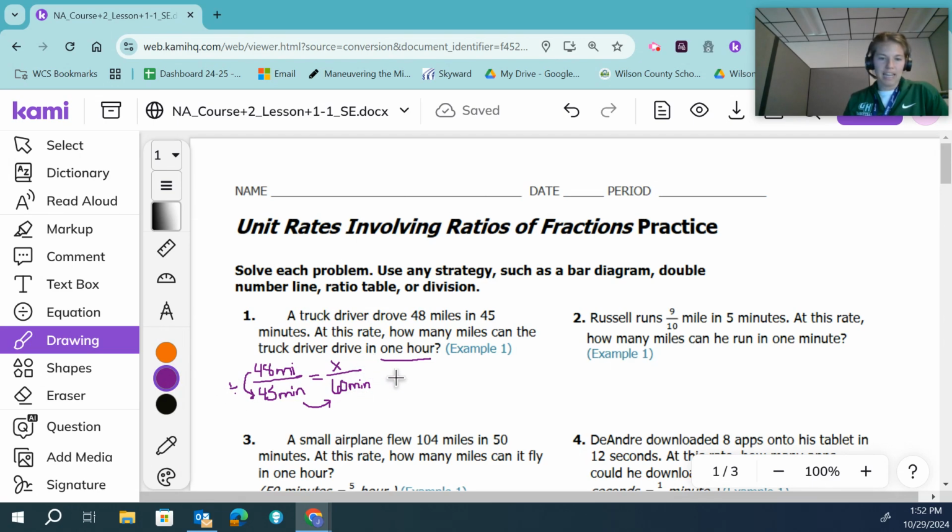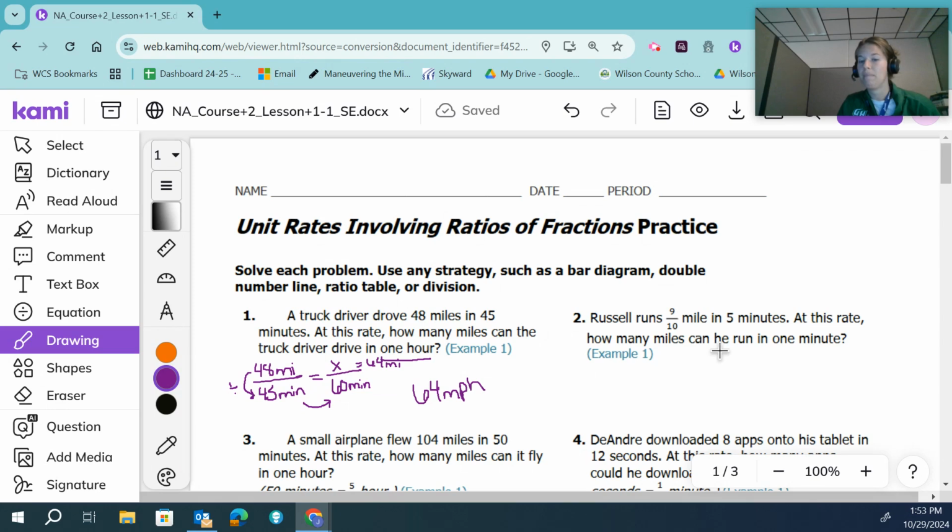That is 64 miles in 60 minutes, which is 64 miles per hour.